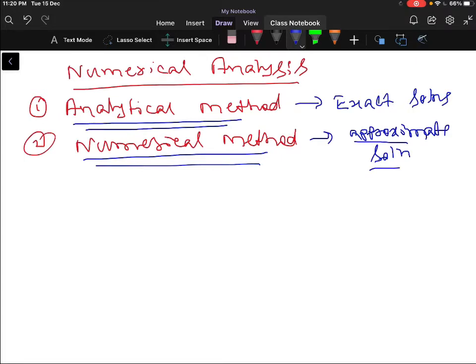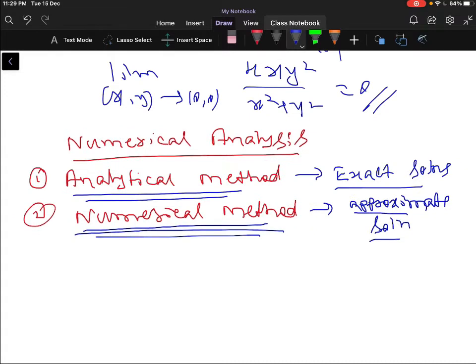But the question arises, why do we need numerical methods? There are some problems in engineering applications, maybe in fluid mechanics problems, where we cannot find an exact or analytical solution.